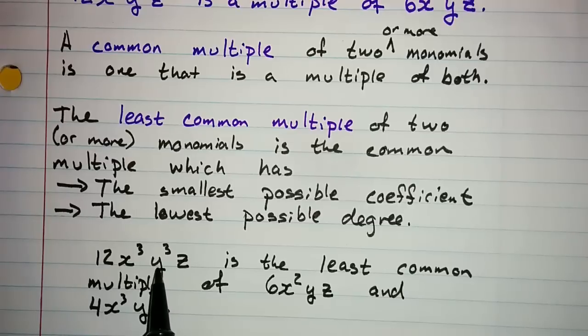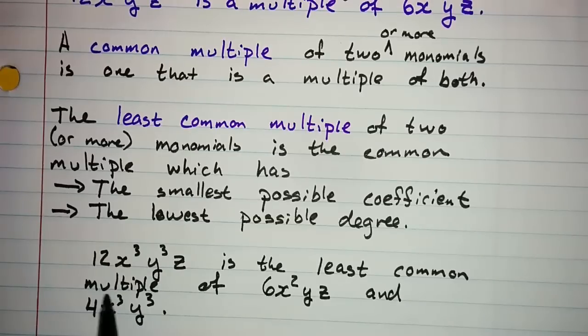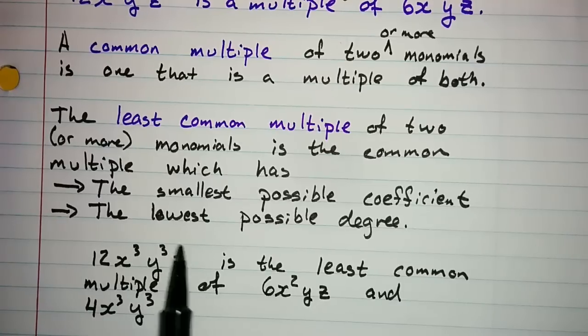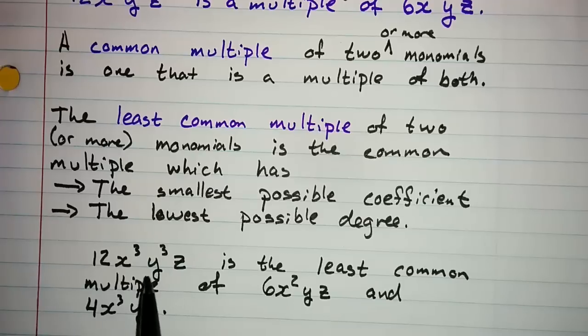If the degree of y were any lower, again, this would not be a multiple of this monomial. If the degree of z were any lower, this would not be a multiple of this monomial. So because we can't eliminate anything in this common multiple and keep a common multiple, this is the least common multiple.